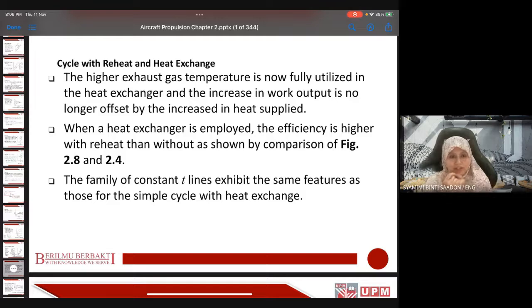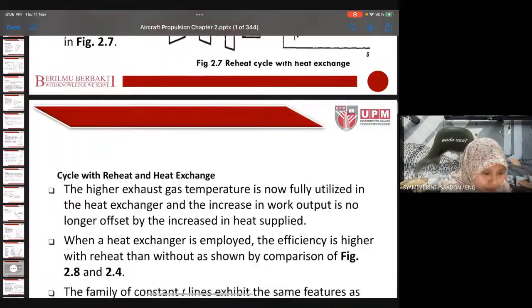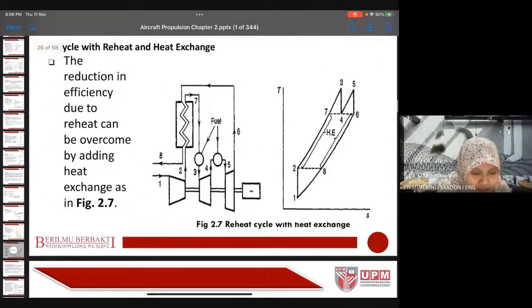So that we can produce a higher specific work output, and at the same time still maintain or increase the whole cycle efficiency. That is one of the ideas. The higher exhaust gas temperature, because when we reheat just now, we achieve a higher temperature of the working fluid.